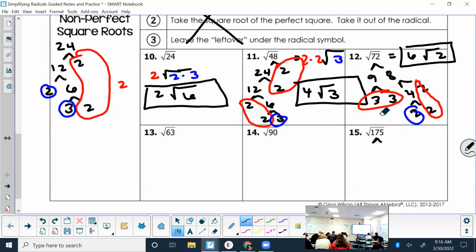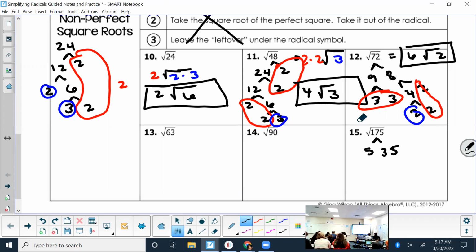my divisibility rules. If it ends in a 5 or a 0, I know 5 times a number will give me 175. So 5 times what gives me this? Not 25. Someone put it in your calculator. 35.